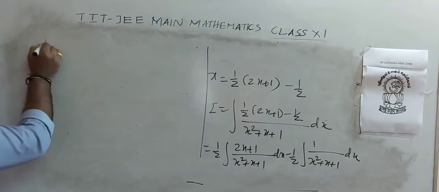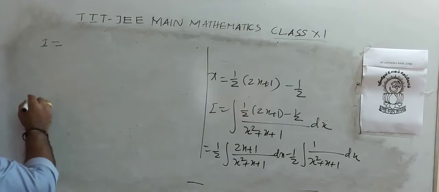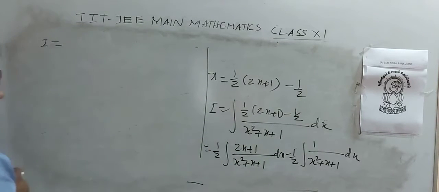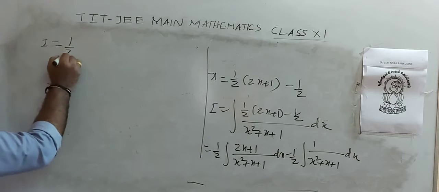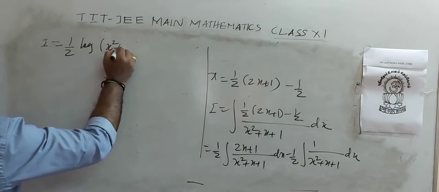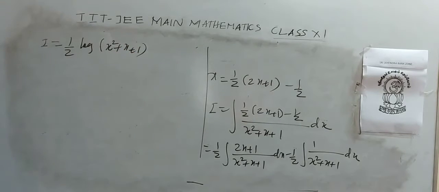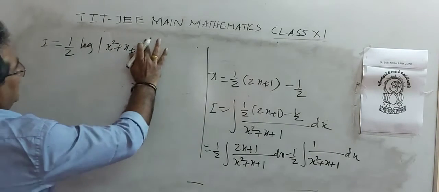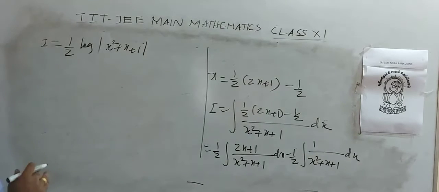I equals 1 by 2 log of (x² + x + 1). Whenever you take log, you write it within the modulus sign, since logarithm exists only for positive values.